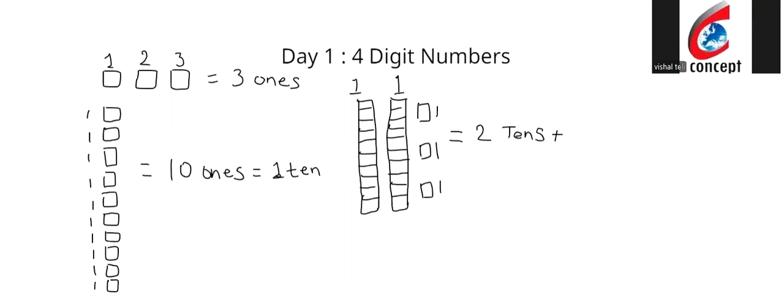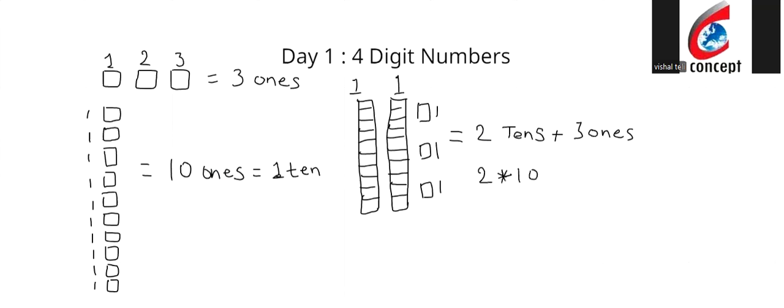So how do you calculate? Two tens plus three ones. Two tens means how many ones? See, two tens means 2 into 10.